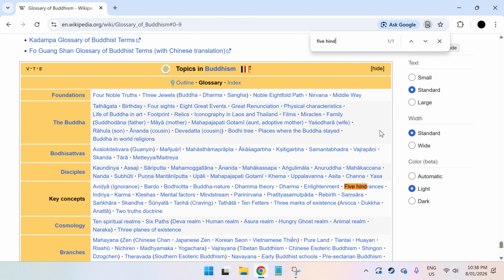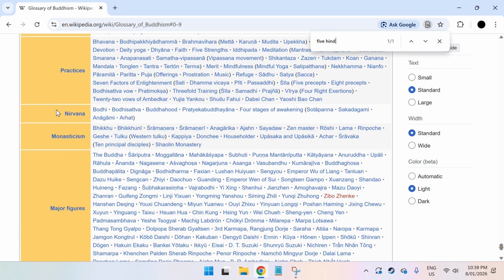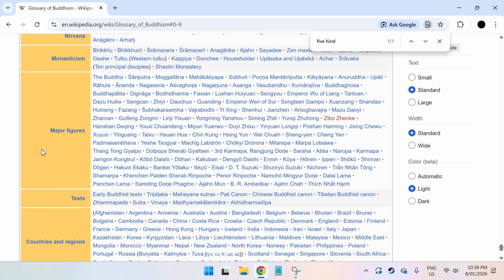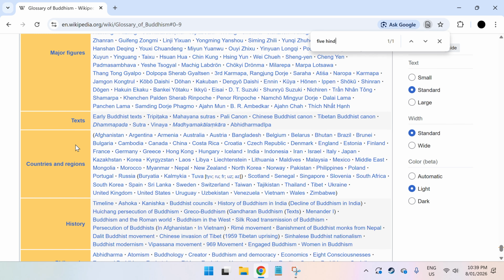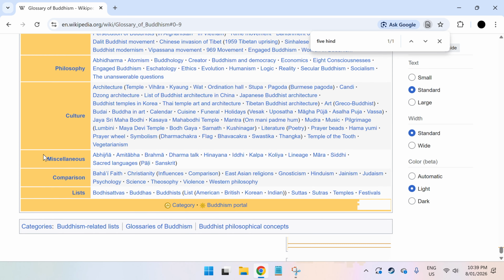This in its own right is useful, and I like the way it's divided here. You got the foundations, you got the Buddha, bodhisattvas, disciples, key concepts, cosmology, branches, practices, nirvana, monasticism, and major figures, texts, countries and regions, history, philosophy, culture, miscellaneous comparison and lists.